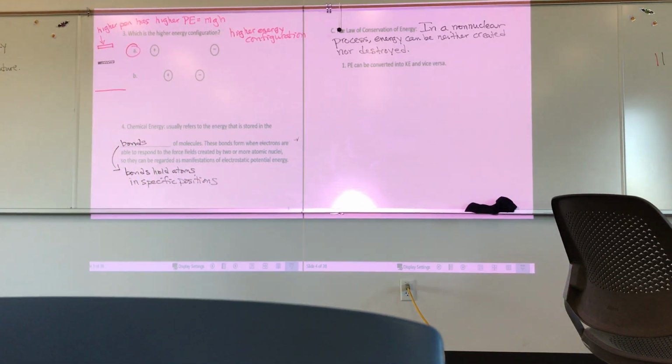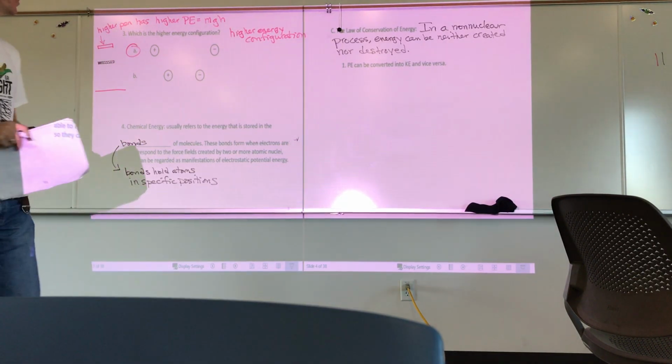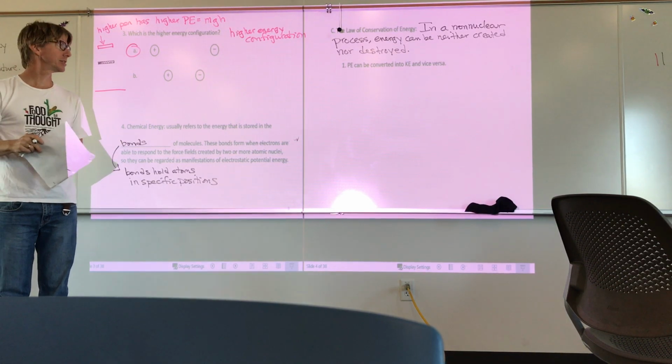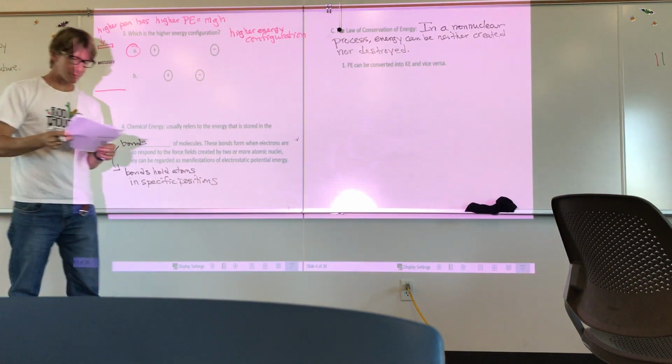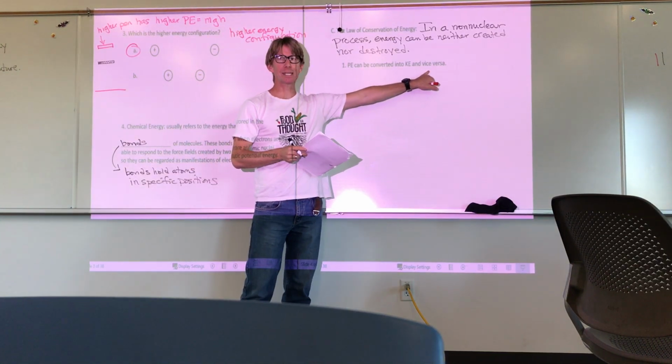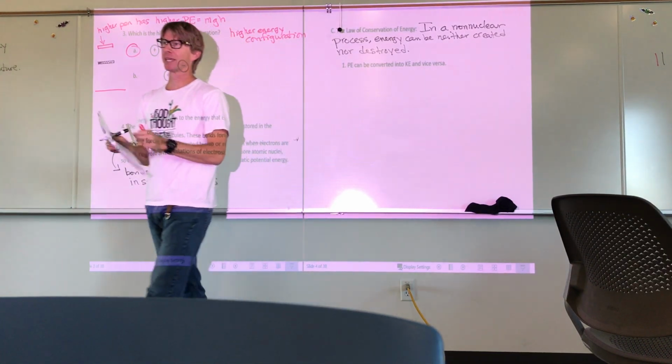And this is similar actually to the law of conservation of mass. The law of conservation of mass: in a non-nuclear process, matter or mass can neither be created nor destroyed. However, what we will see is that potential energy can be converted into kinetic energy and vice versa.